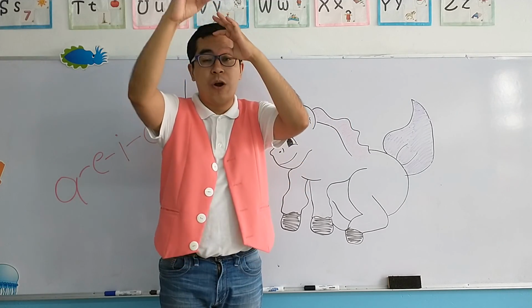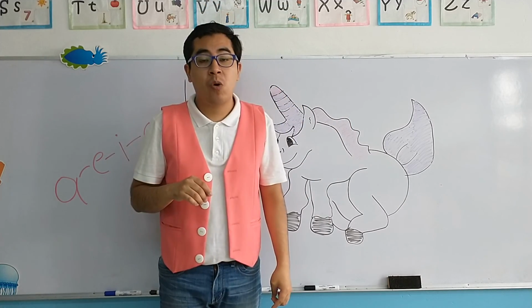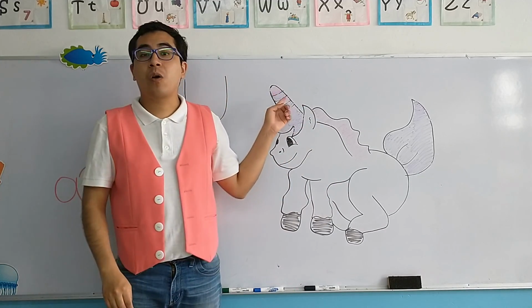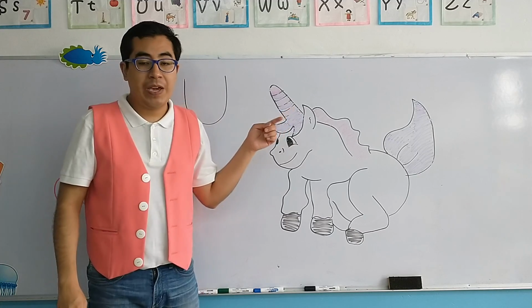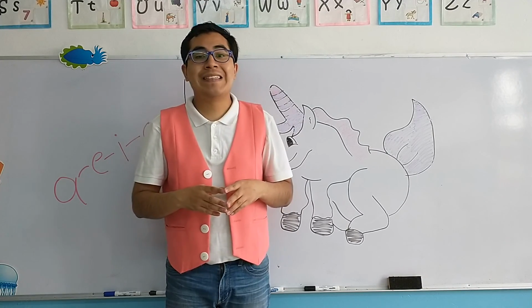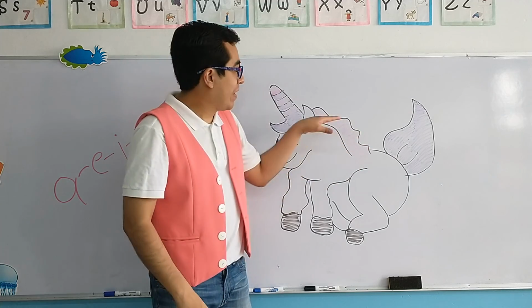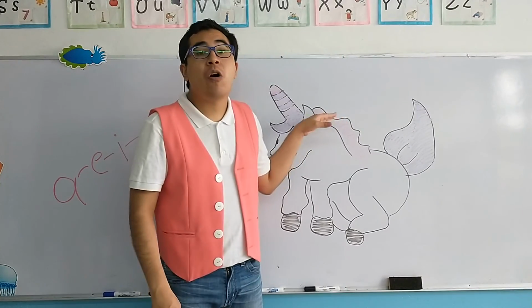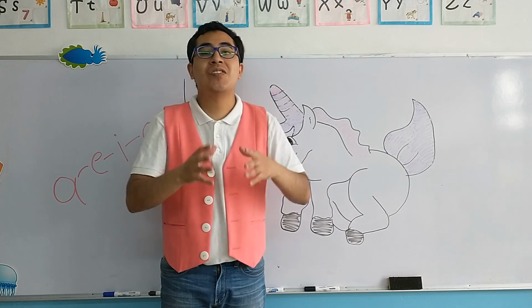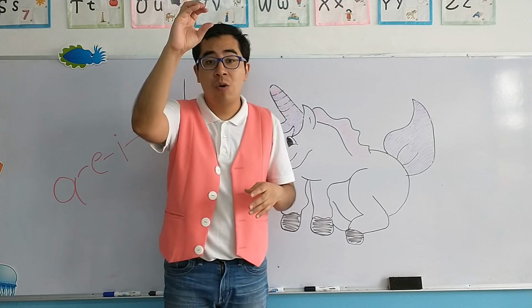And this horn contains several colors. The most predominant are color pink and color purple. Okay? Another characteristic of the unicorns is that they have hair, a layer of hair on their backs. Now this hair is the similar color as the horn.